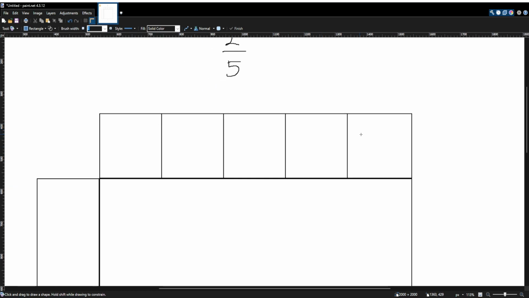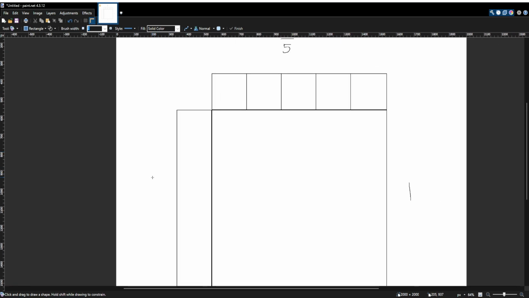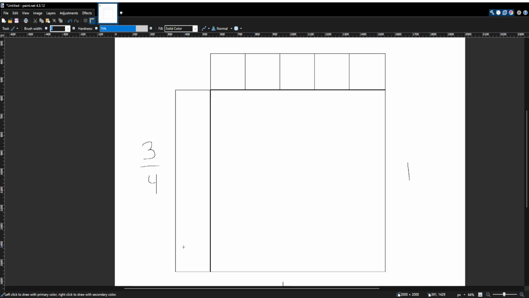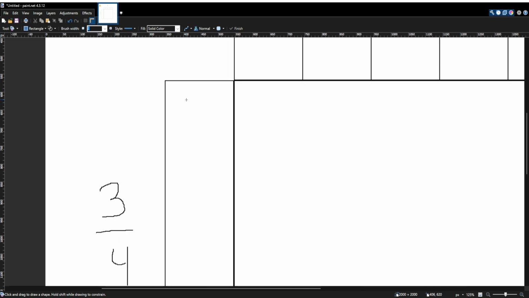Okay, so I've got 5 squares now. Now this one over here, I want this one to represent 3/4. So instead of squares, this is going to end up being rectangles, right? But it'll be the same sort of idea.